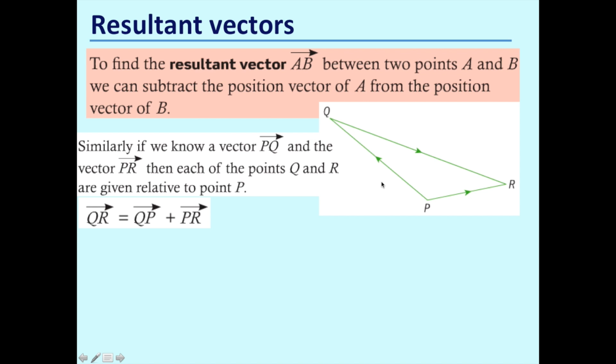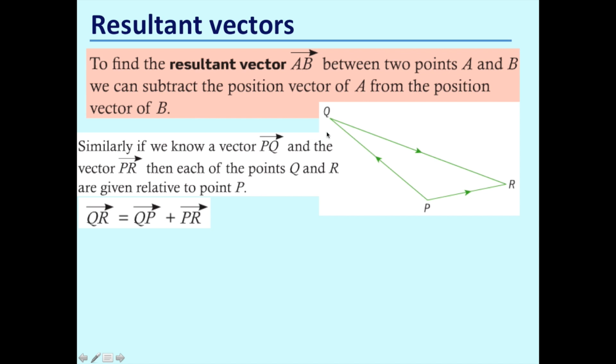If we wanted to find the resultant QR, so we've been given PQ, we've been given PR, we can express it in the same way by saying that the resultant vector will be our second vector here, PR, minus our first vector here.